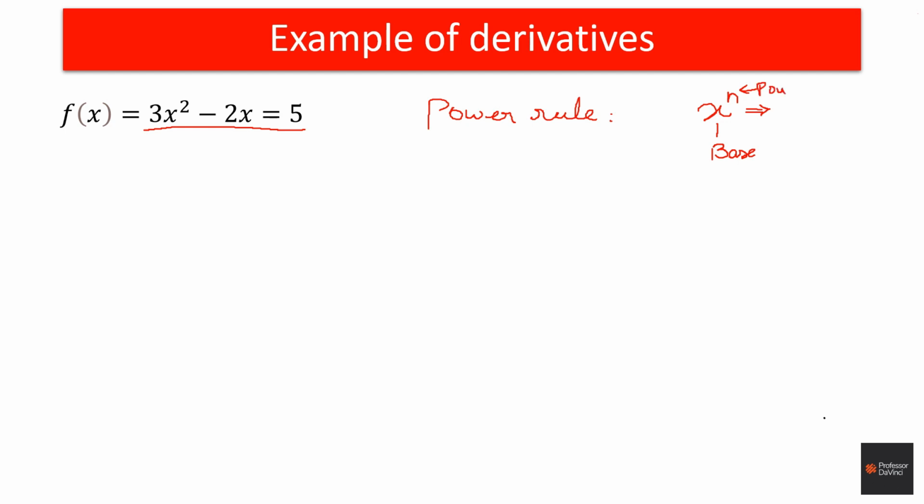So first we need to have the power, then the base to the power minus 1, and then the derivative of the base. What is the base here? x. The derivative of x is 1. So we get the derivative of x^n with respect to x equals n x^(n-1).